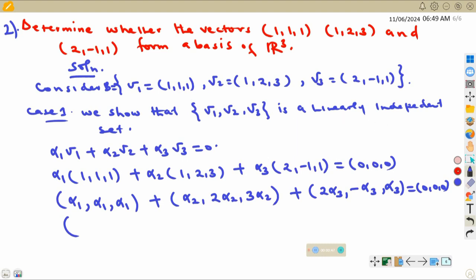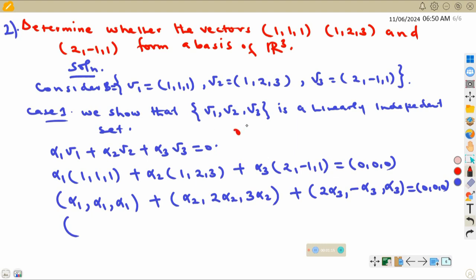For the first case, we shall need to show that this set is linearly independent. To show that, we set the linear combination to 0. So we have alpha 1 V1 plus alpha 2 V2 plus alpha 3 V3 equaling 0.